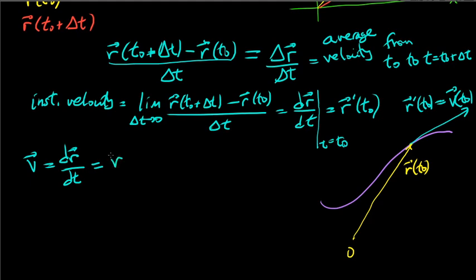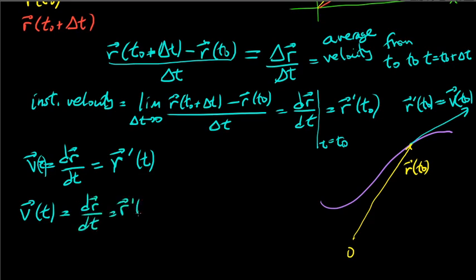So you take your r, take the derivative, and this gives you the velocity as a function of time. So v of t is the derivative of r with respect to t, or r prime of t. This is the velocity as a vector.